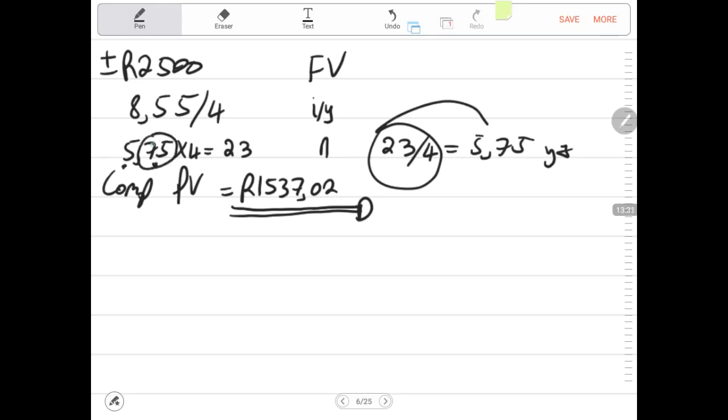Remember, 0.75 is the 9 months that I showed you. In order for this amount to become 2,500 at the end of 5 years, 9 months, which was compounded quarterly at 8.55% interest. And now that is the first one.